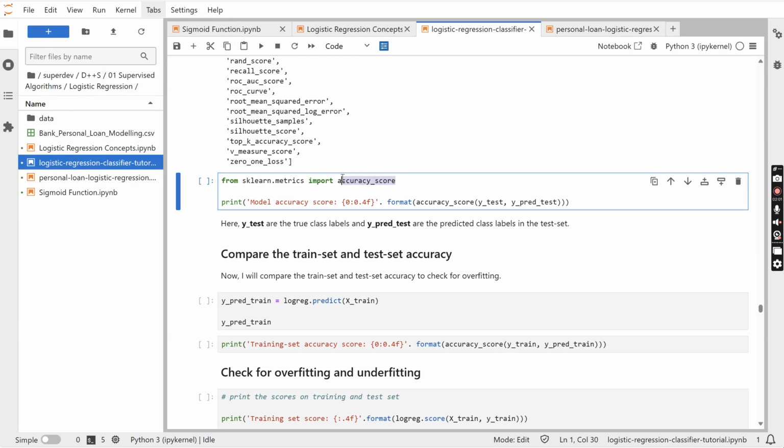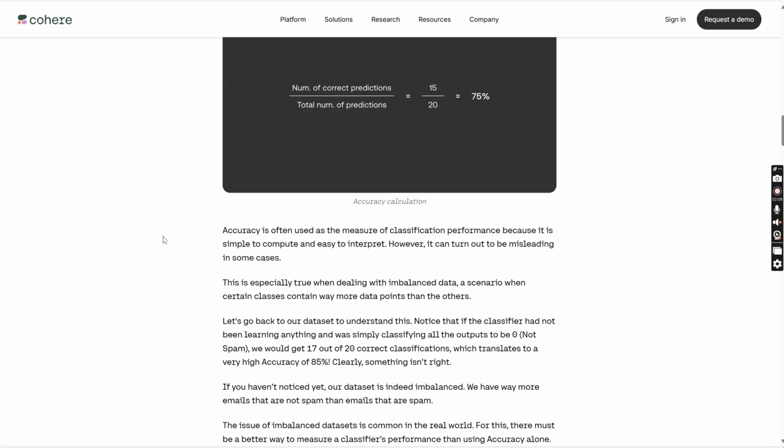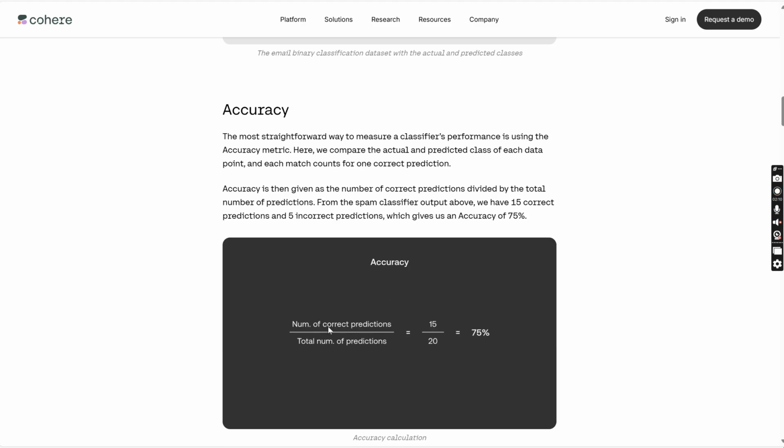Now accuracy score is defined as the number of correct predictions divided by total number of predictions. Let's just say 100 predictions you were supposed to make. Out of those 100, some were supposed to be no, some were supposed to be yes answers, but how many did you get correctly is the accuracy score.